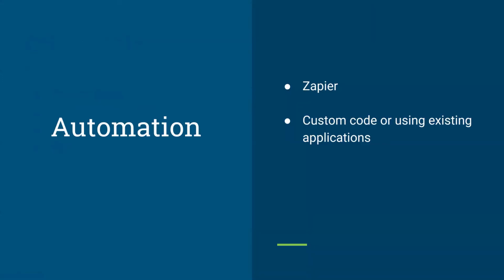Let's talk a little bit about automation. So you saw that we might create a property, but then we have to create an applicant and we have to copy templates and all that stuff too. There's ways around that. There's Zapier is one way to start doing some automation. If you've never heard of Zapier before, it's an automation tool.